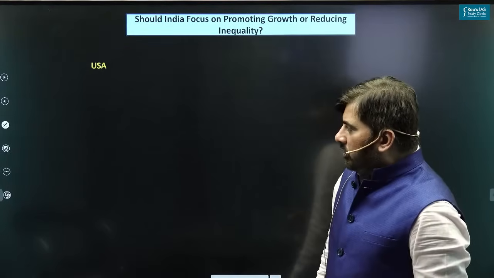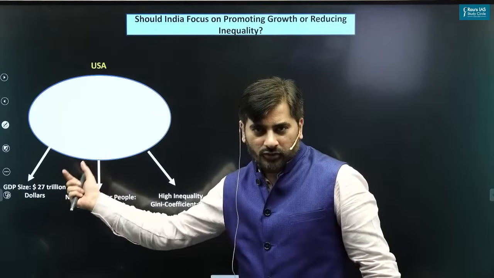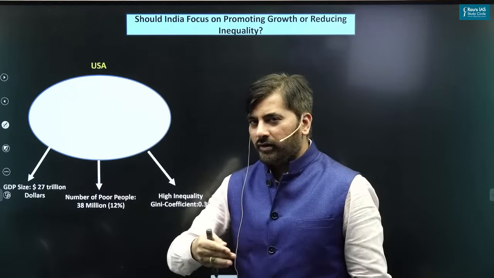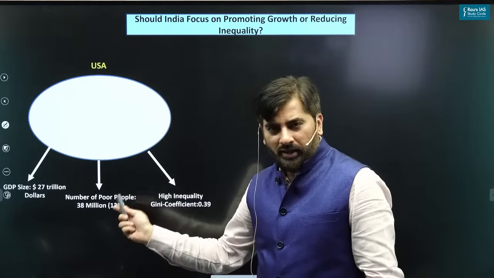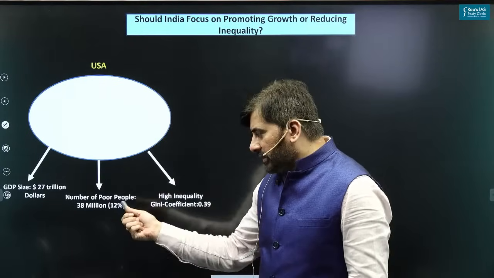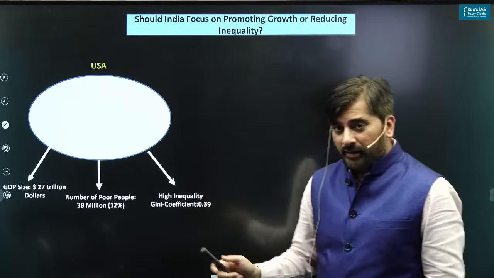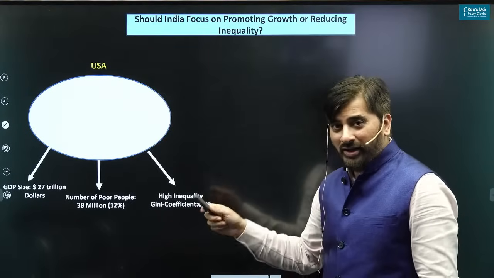If you see the US economy, the total GDP size of the US is $27 trillion. It's the largest economy in the world. The number of poor people in the US in terms of percentage is around 12%. But surprisingly, in the US economy, the inequality is very high.